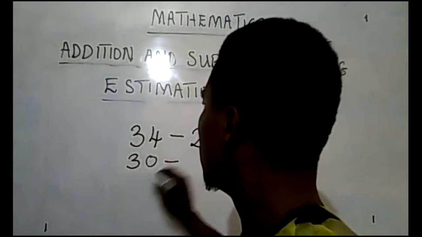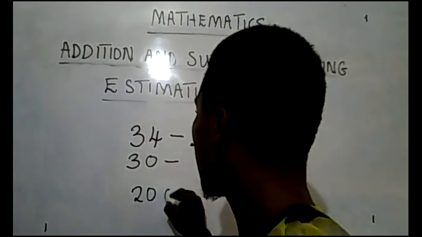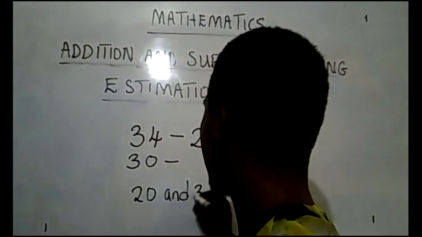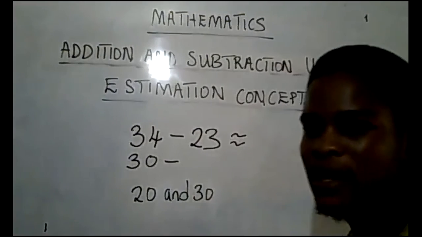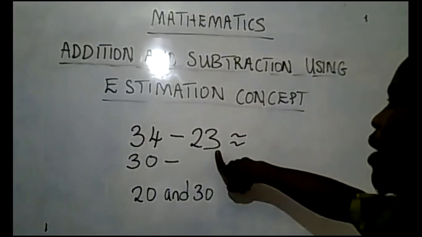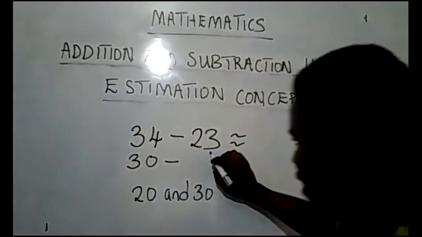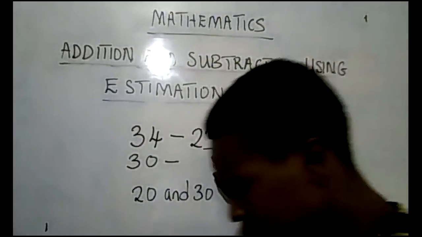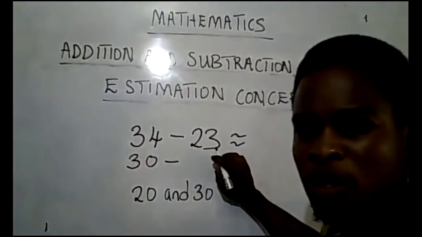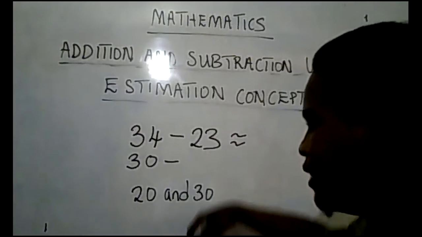Now, 23 falls in between 20 and 30. Looking at the figure we have here, this is 23. This is 3, right? 3 is not up to 5, which implies that you have to round it down, not up.